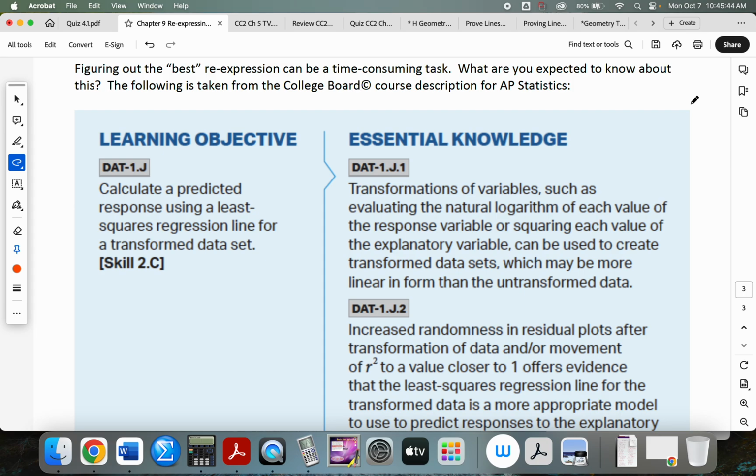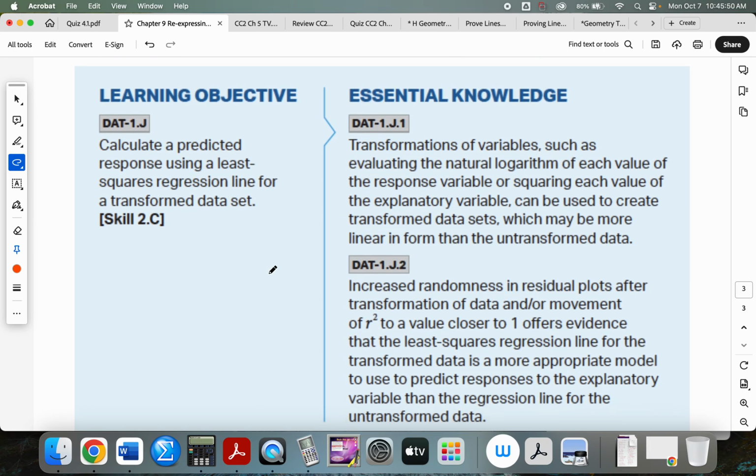So here's what the College Board says you need to know. It says calculate a predicted response using a least squares regression line for a transformed data set. So the transformed, that's the re-expressed. They could give you a data set and say apply a log to this. So what are you supposed to know?